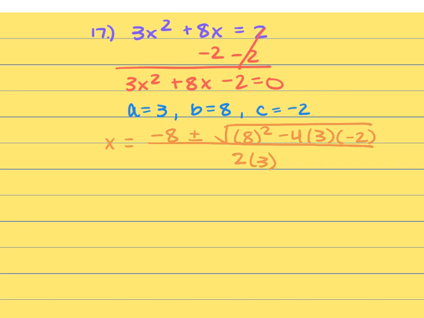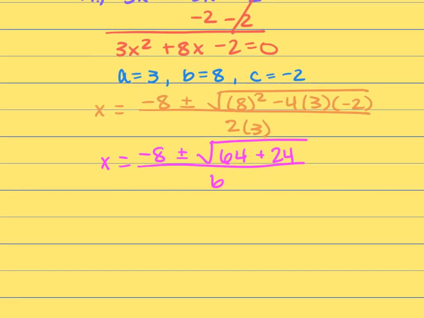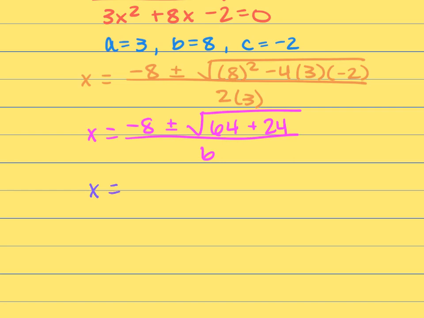So this is going to leave us with x is equal to negative 8 plus or minus the square root of 64. The negative 4 times 3 is negative 12. Negative 12 times negative 2 is a positive 24, all over 6. So from here, we have x is equal to negative 8 plus or minus the square root of 64 plus 24 is going to give us 88 all over 6.